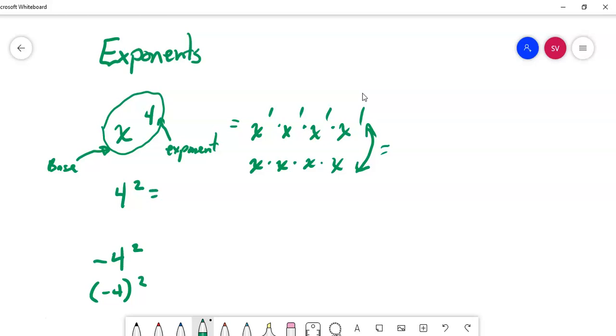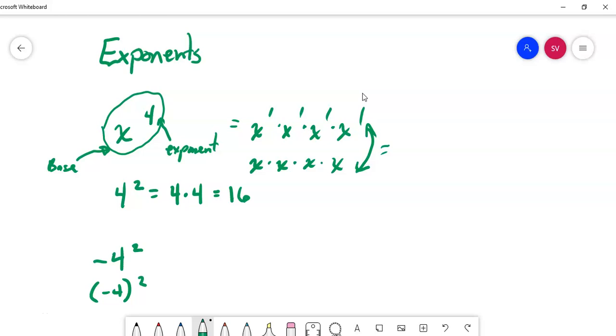If I have 4 to the second, I need to take my base of 4 and carbon copy it by itself a second time, because 4 to the second expands out into 4 to the first times 4 to the first, which we could solve to give us 16.